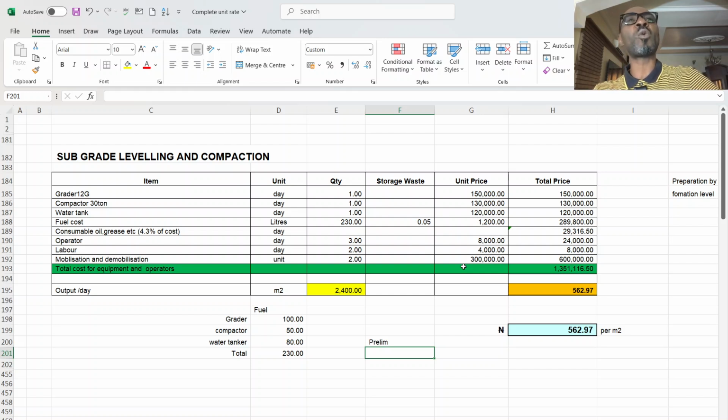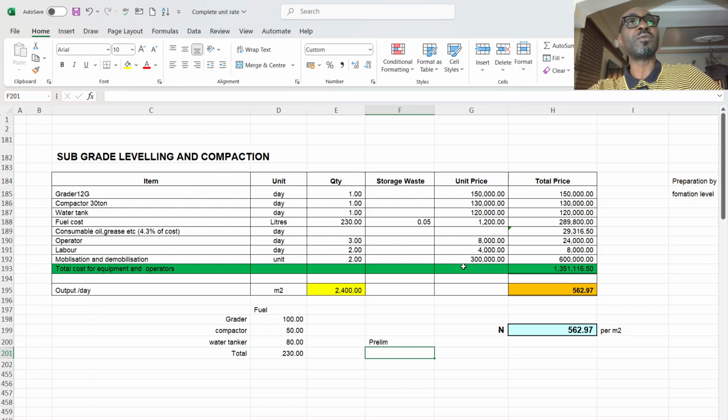Then you will now quantify over time, from the studies and from literature and from cost data you've gathered, and the outputs you've gathered from your experience.